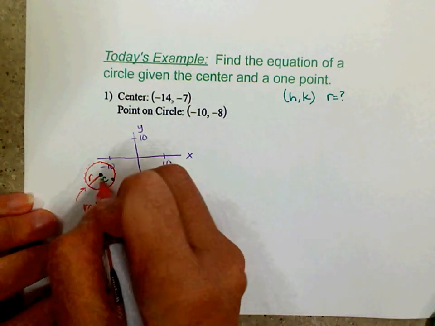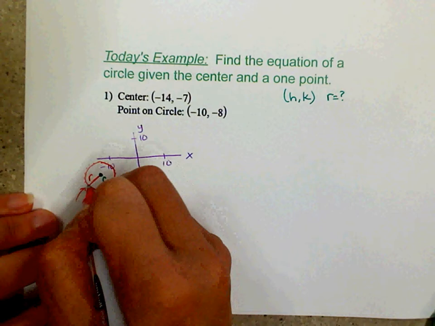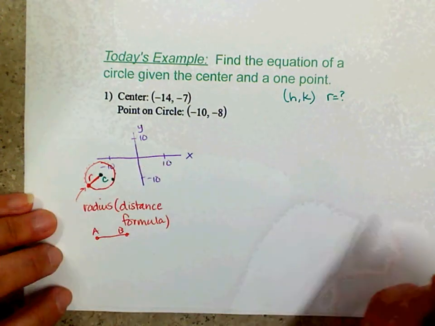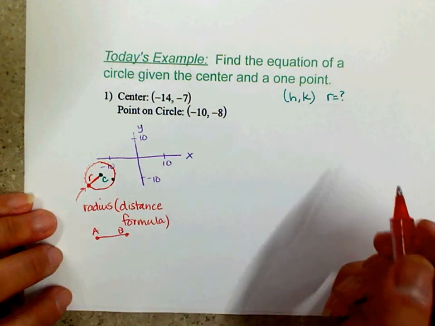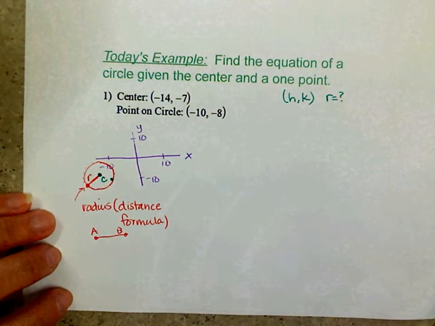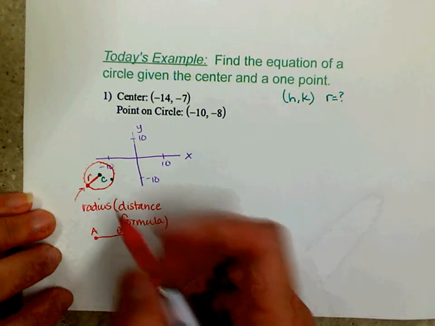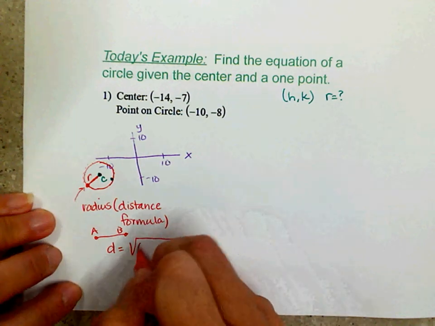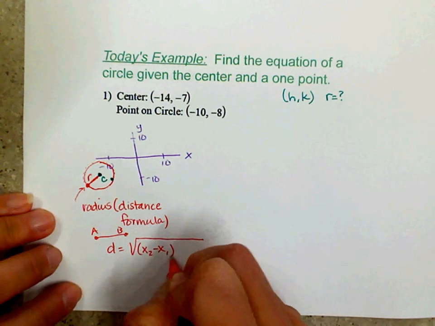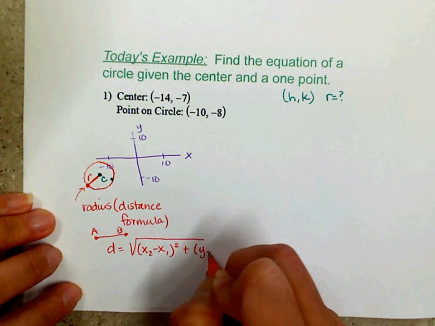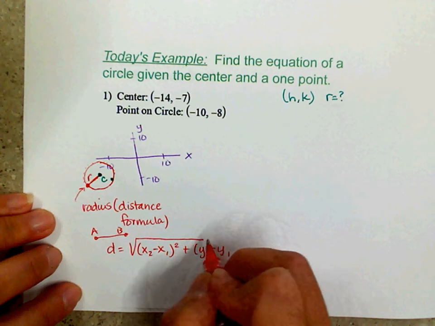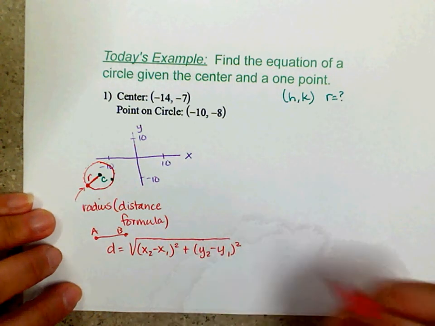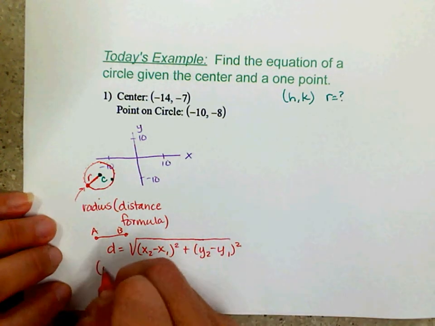So you have a point at the center, and you got a point out here. We're going to use the distance formula to find our radius. So what is distance formula going to look like? Well, the distance formula is d equals the square root of x2 minus x1 squared plus y2 minus y1 parentheses square. Okay? This right here is going to give us our radius.